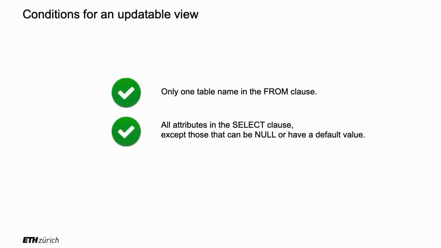But all those that are not null and that don't have a default value, then you need them in the select clause of the view. And then you cannot do anything fancy. So for example, imagine some complex query where you have the relation and it reads itself in the where clause, right? For example, an argmax kind of computation, right? Selects everything where some attribute is equal to the max in the entire table. So here you would have a complex query that refers to itself in the where clause, and that is also not allowed. So keep it plain and simple, basically, and in that case, the view is going to be updatable.